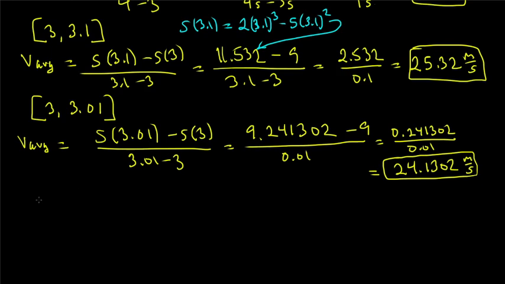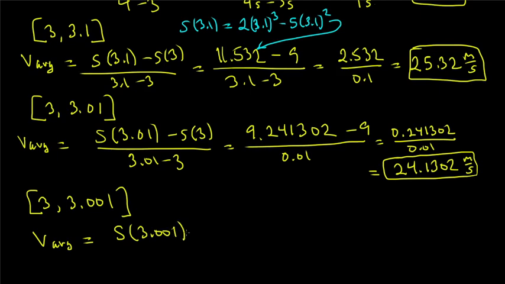So if we do one last example, I'll do 3.001. What's the average velocity now? It's just s of 3.001 minus s of 3, divided by 3.001 minus 3.